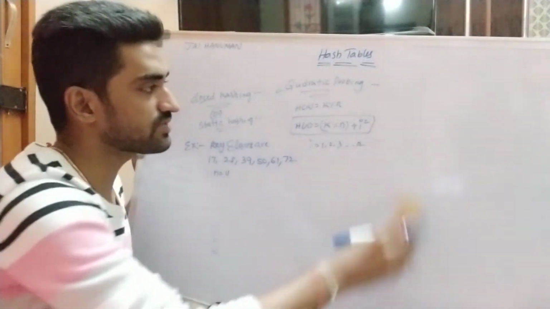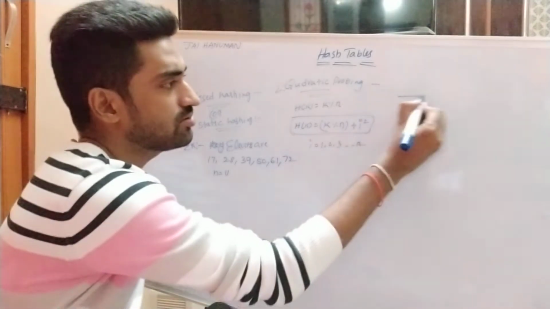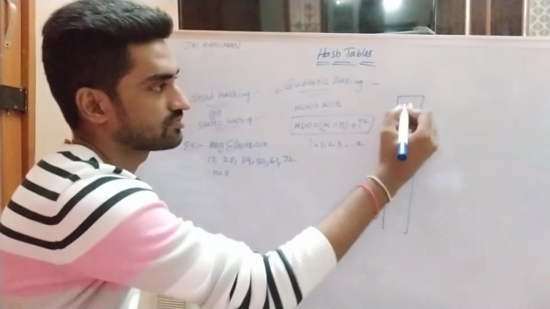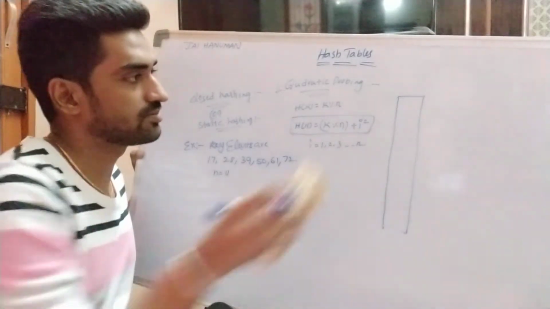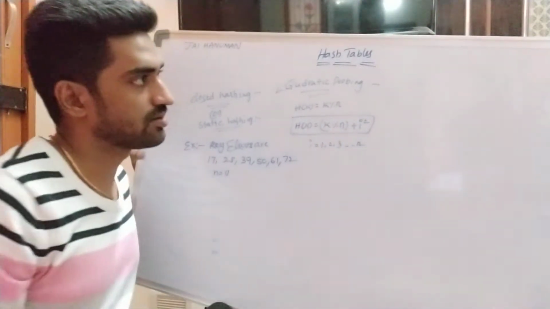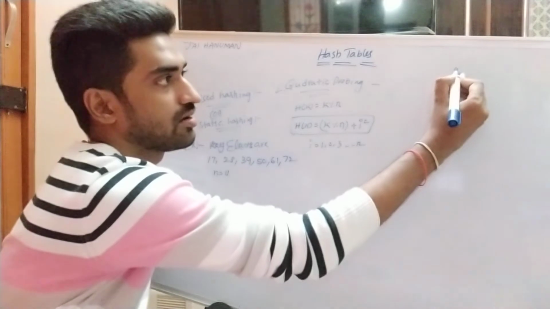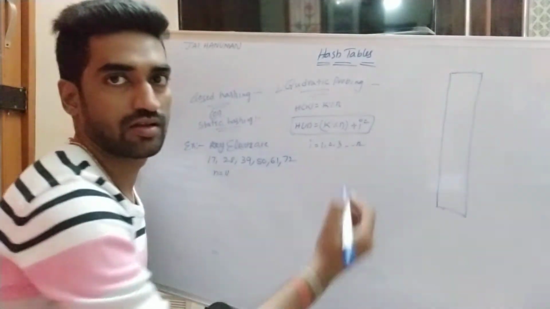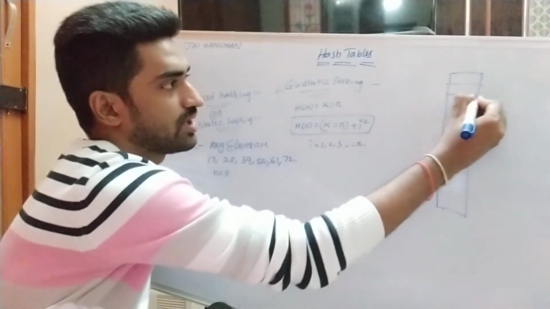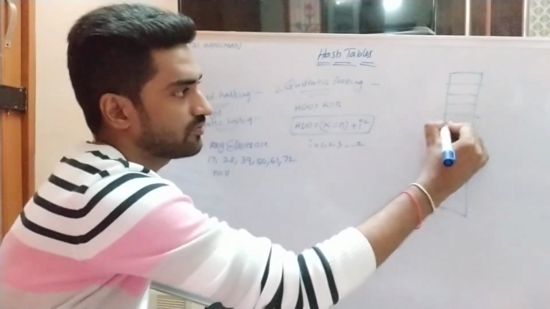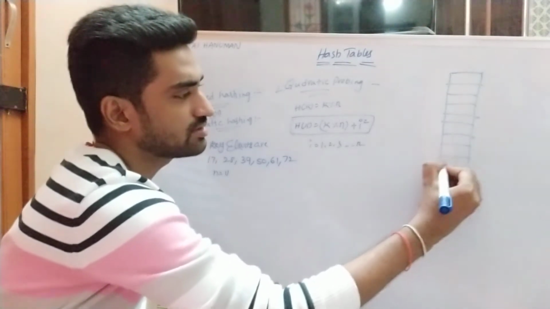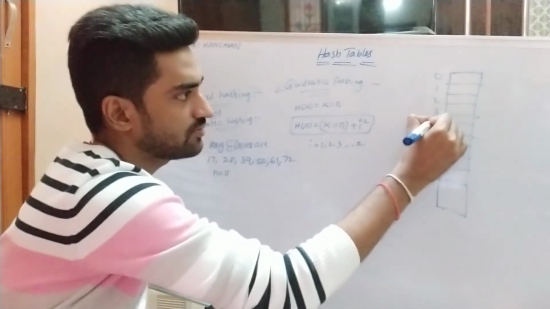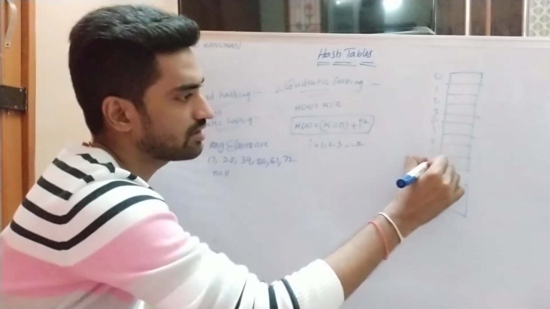So what is the size of the hash table? N is equal to 11. So index starts from 0, 1, 2, 3, 4, 5, 6, 7, 8, 9, 10.